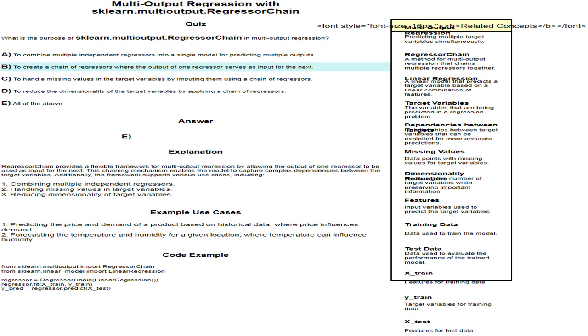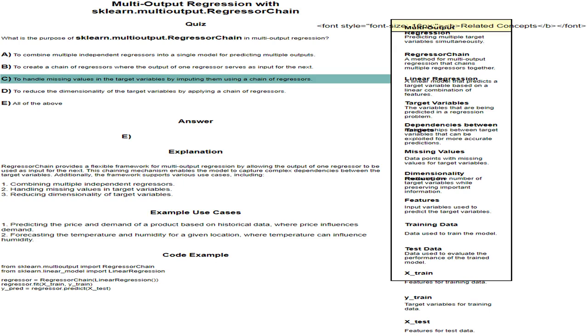This chain of regressors helps the model understand how the output of one variable influences the others. Regressor chain provides a flexible framework for multi-output regression by allowing the output of one regressor to be used as input for the next. This chaining mechanism enables the model to capture complex dependencies between the target variables.